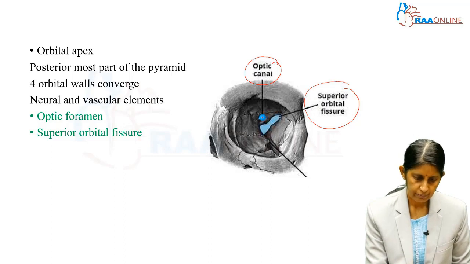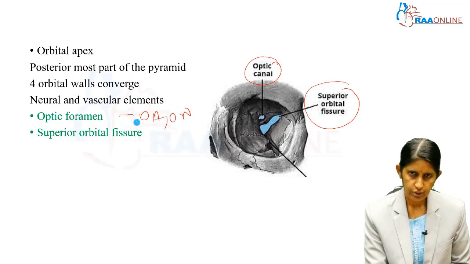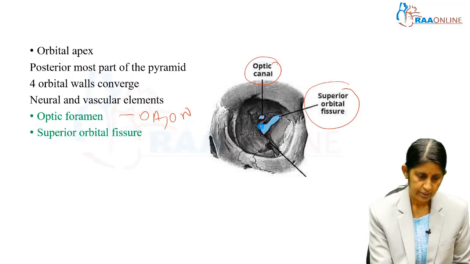So we have the optic foramen, which contains the ophthalmic artery and the optic nerve, and then the superior orbital fissure, which has a superior portion, a middle portion and an inferior portion. This is the shape of the superior orbital fissure, and the superior portion is separated by the annulus of Zinn. You call this the annulus.